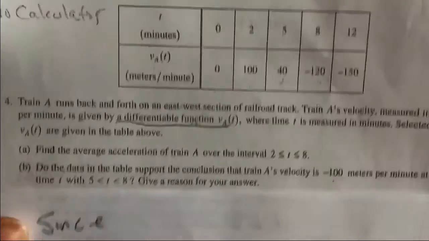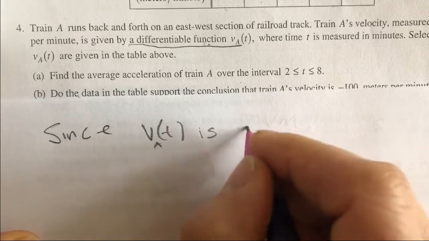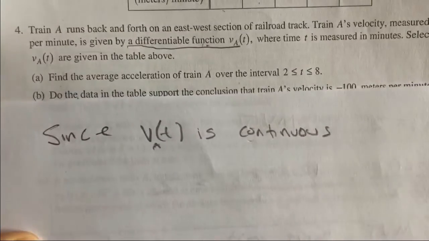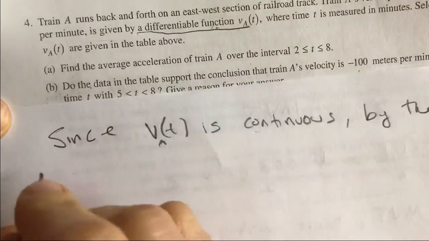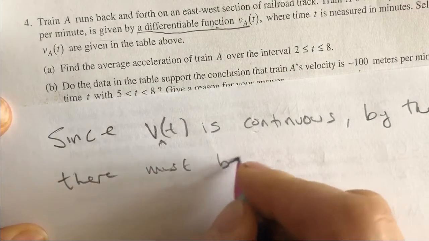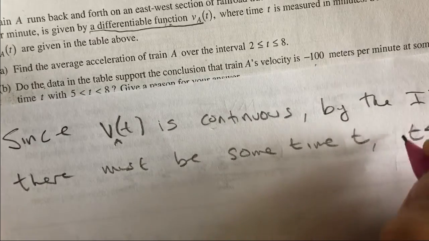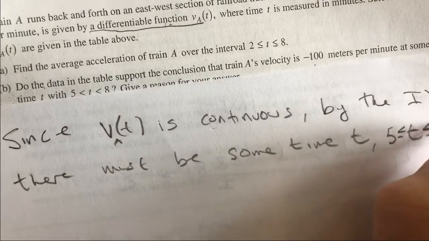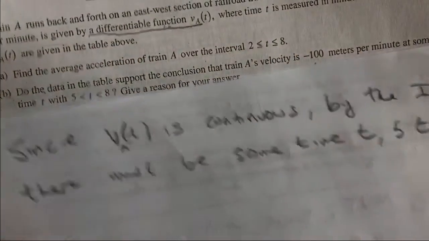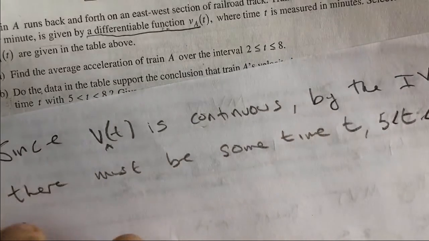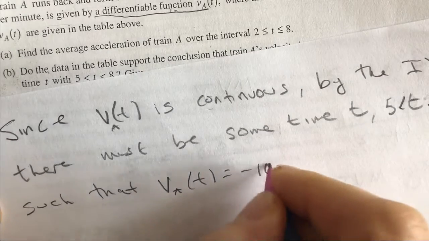All right, so since vA of t is continuous, maybe I would say differentiable and therefore continuous, by the intermediate value theorem, there must be some time t, where t is between 5 and 8, actually I don't need to include the endpoints, such that vA of t equals negative 100.